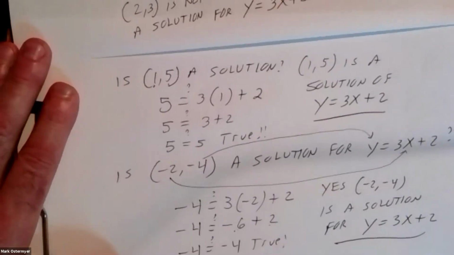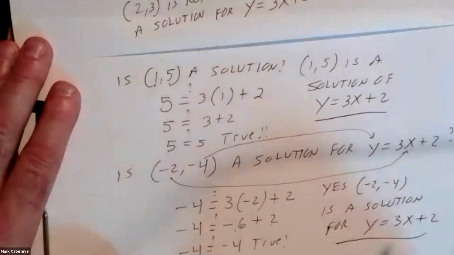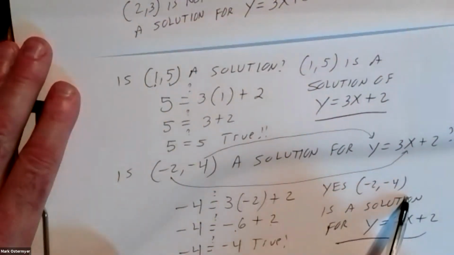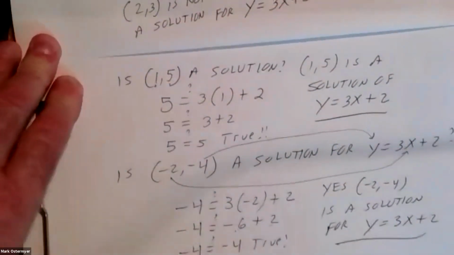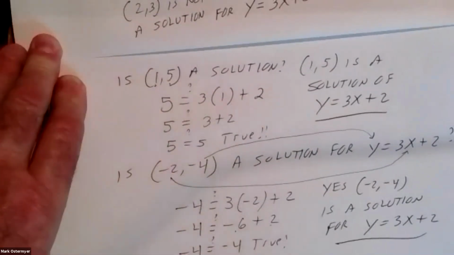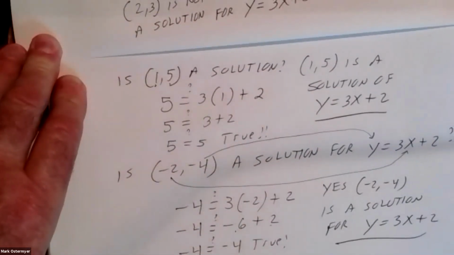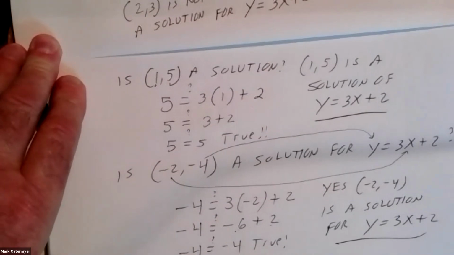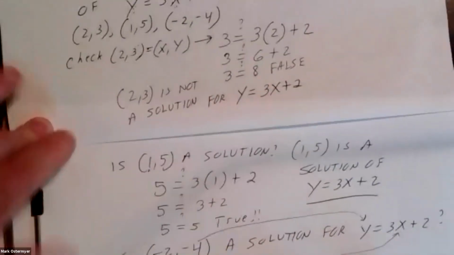So we found 2 solutions to this equation, (1, 5) and (-2, -4). Do you think this linear equation has any more than 2 solutions, or is 2 solutions it? It has more. In fact, it has many more.